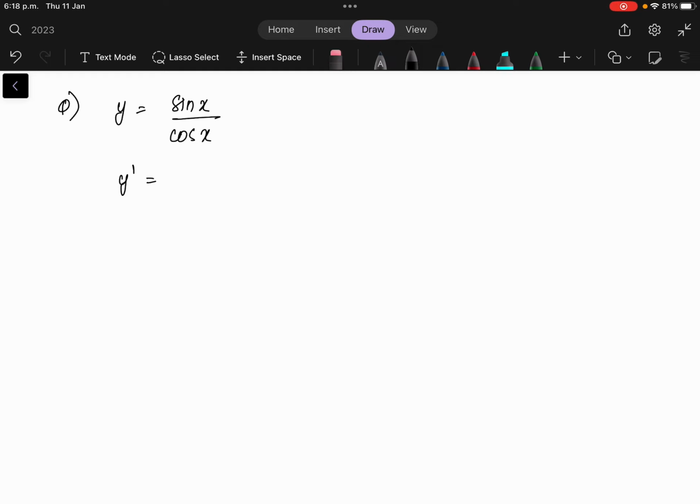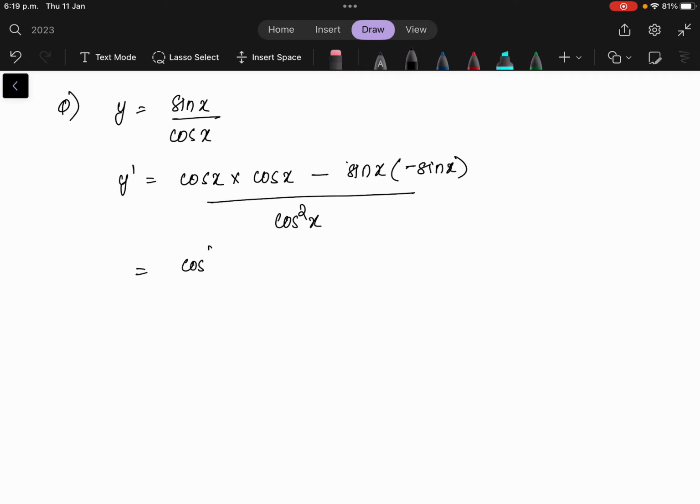So that is the denominator, cos x, times the differentiation of the numerator, which is again cos x, then minus sine x times the differentiation of the denominator, which is minus sine x, divided by cos square x.